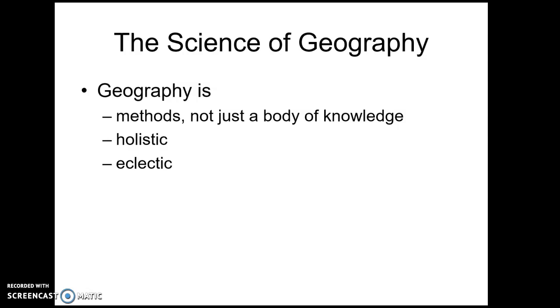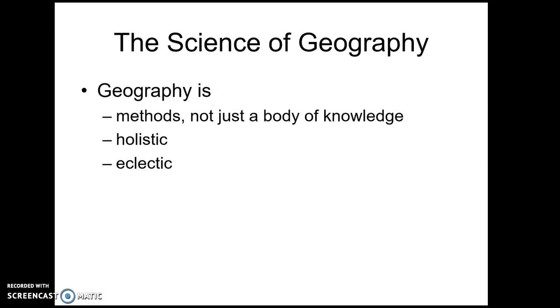It's actually as well a scientific discipline, and it has interactions and kind of overlaps with some of the others we'll look at in a minute. It's holistic, meaning that geographers like to keep the big picture in mind as they ask questions and try to come up with answers to them.